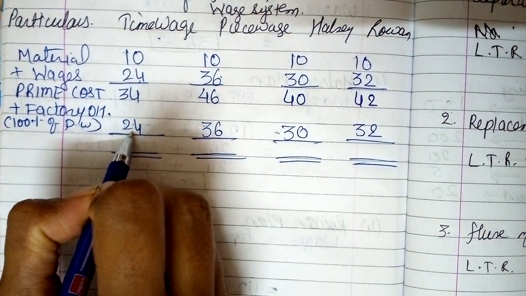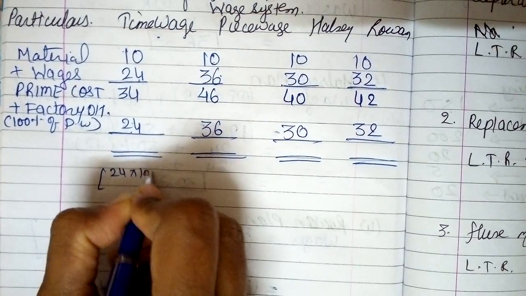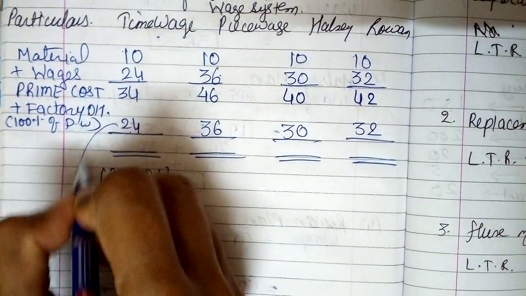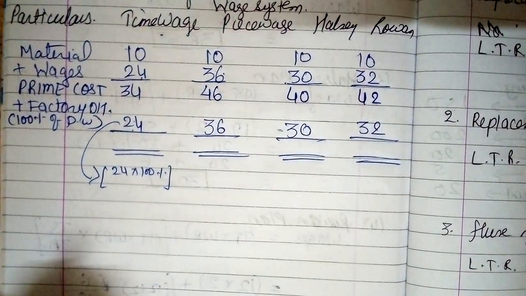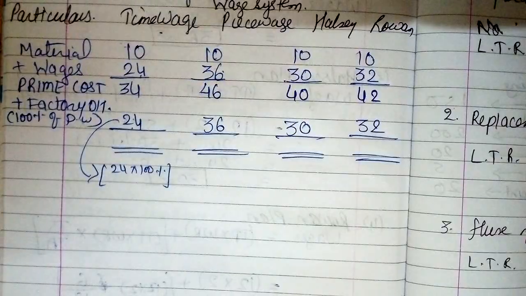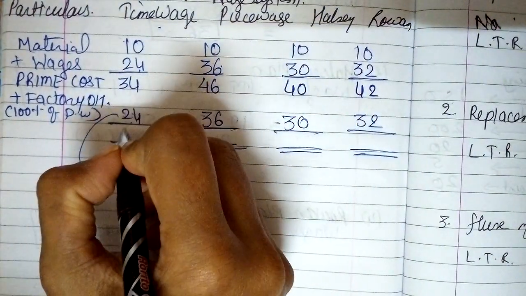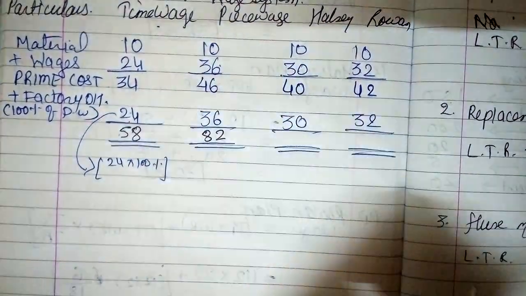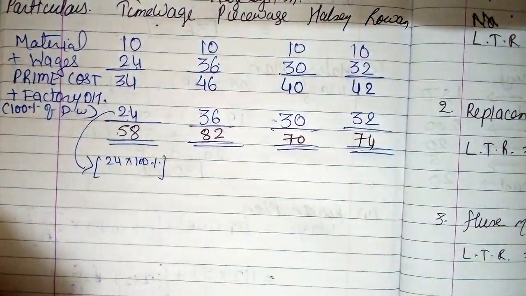Directly you can place right exactly below this. 24 into 100%. Right? But as I don't have the place to write, I am just not writing that. So the total will be 34 plus 24, 58, here 82, 70 and 74.